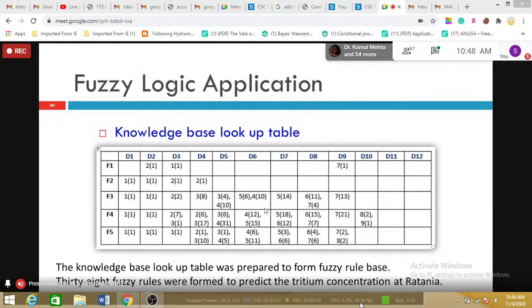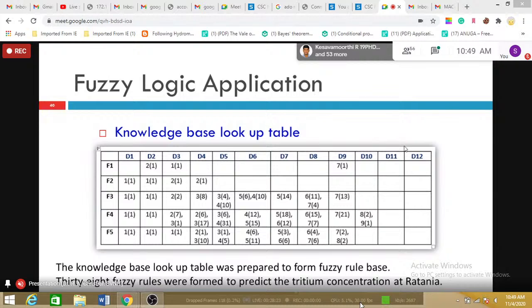So likewise, you see here, I get a lot of information about which rules are useful to me. So I would eliminate the rules where the flow is F3 and discharge is D10. I would eliminate that rule because that rule does not apply.